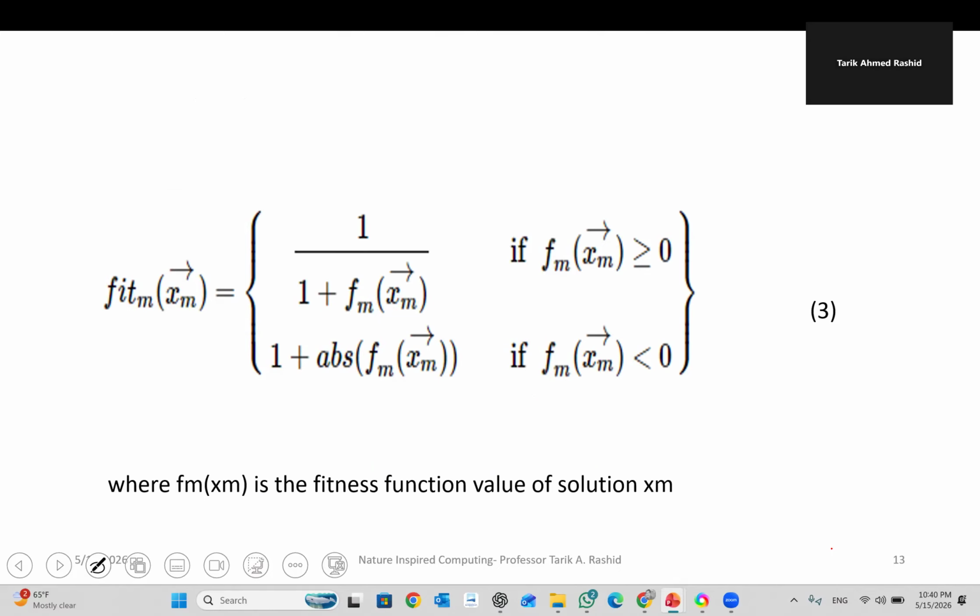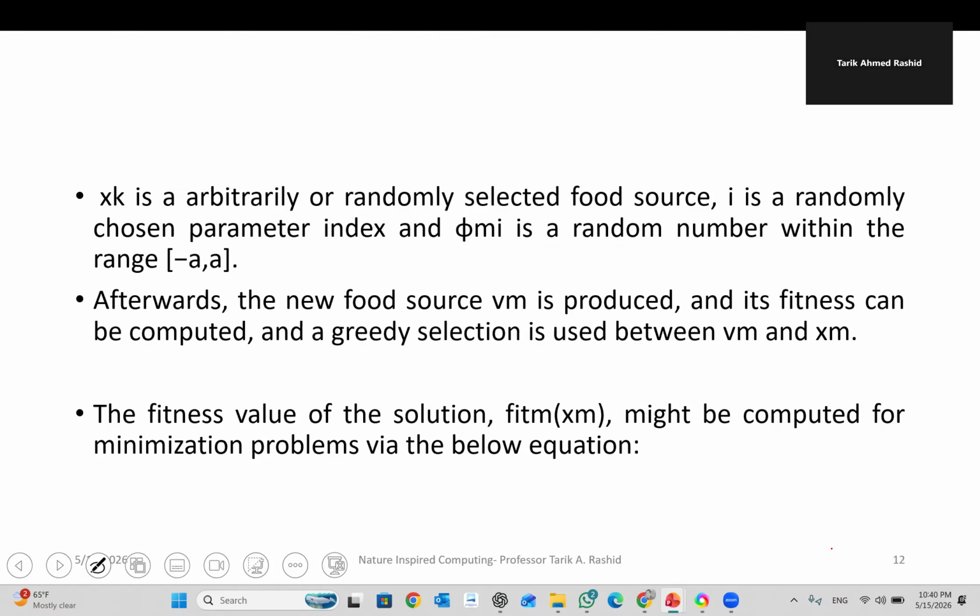Here is the function for the fitness function to evaluate the solution. If the fitness function is based on a problem where it looks for minimization of the solution, the food source VM is produced and its fitness can be computed.